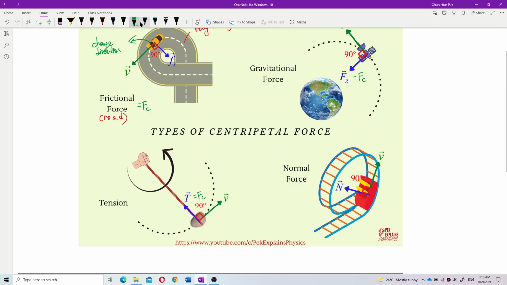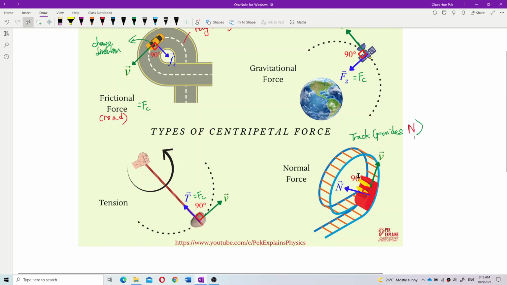The track provides the normal force. You see, this roller coaster is on the track, so the track must provide a normal force, like a supporting force, for the roller coaster.